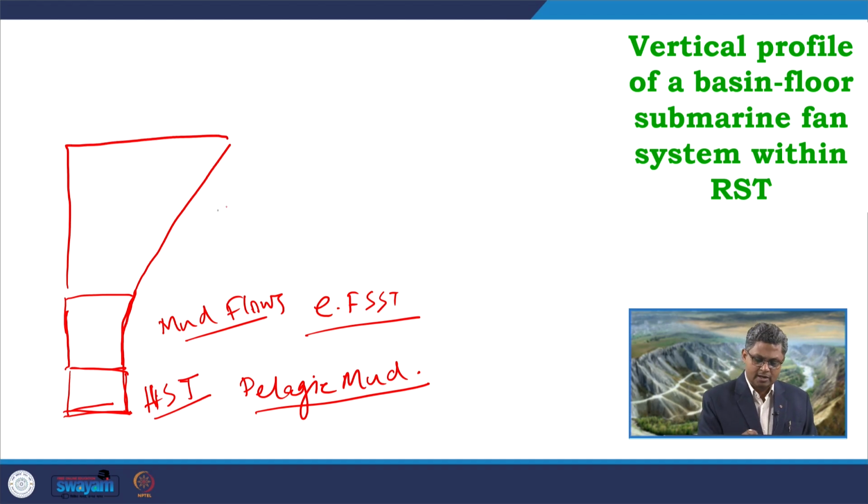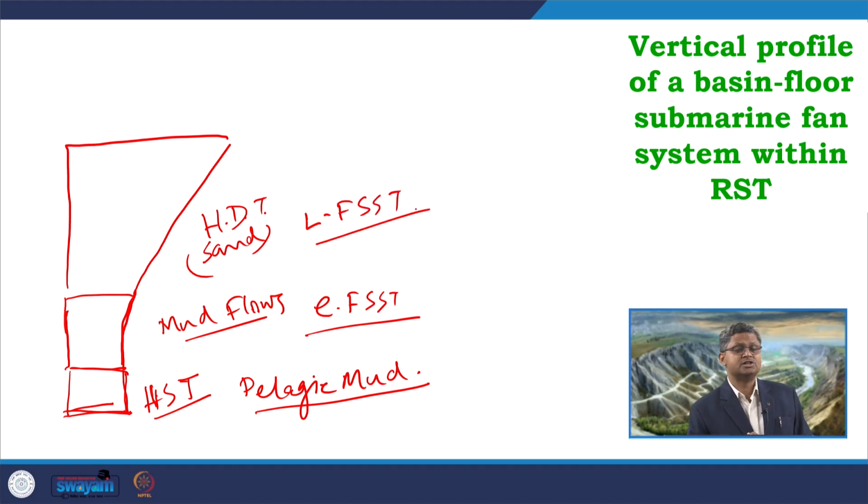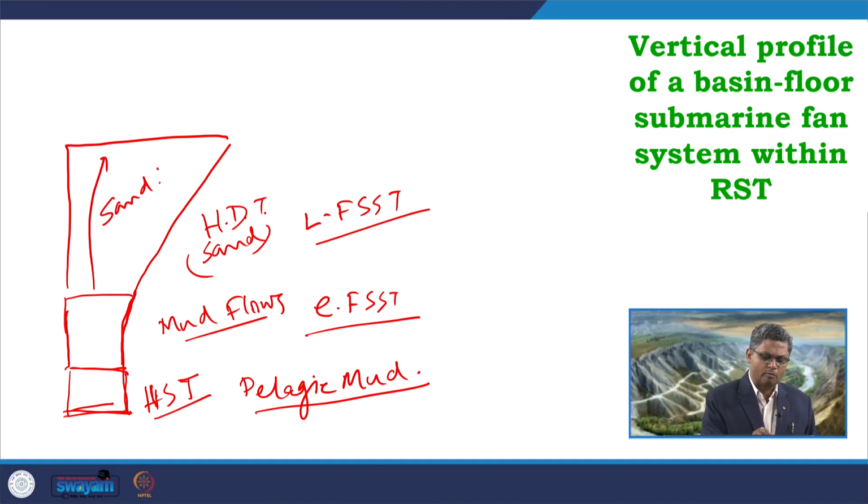So, this is the high density turbidite which is sand rich, and this is forming during the late phase of the falling stage systems tract. In this part, as we are moving up, the sand to mud ratio is gradually or drastically increasing.